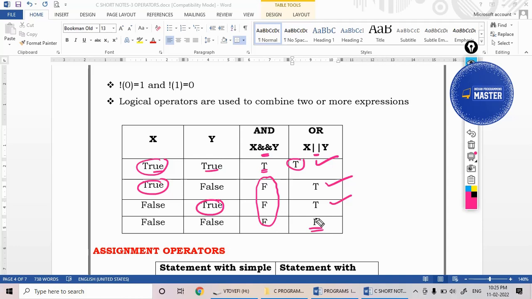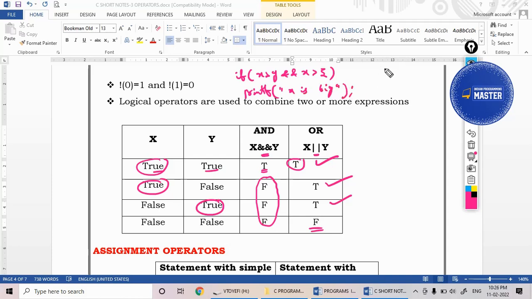Programming examples we'll see in the programming videos, but let me give you something. I would like to find the biggest number from the given 3 numbers. So how do I write a condition? If x greater than y and x greater than z, then I write x is big.